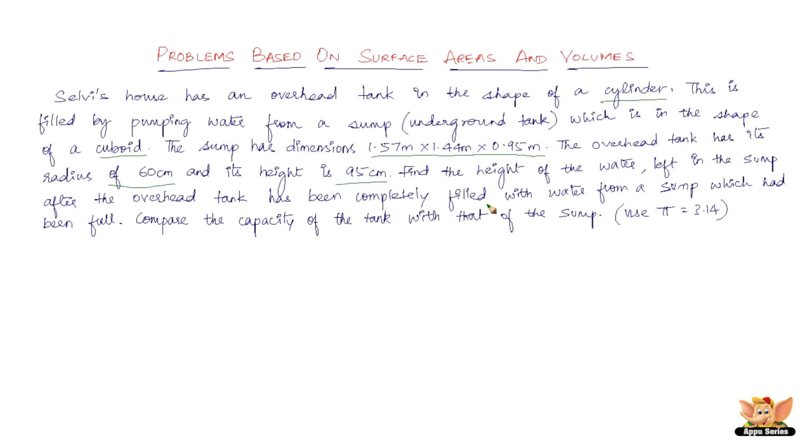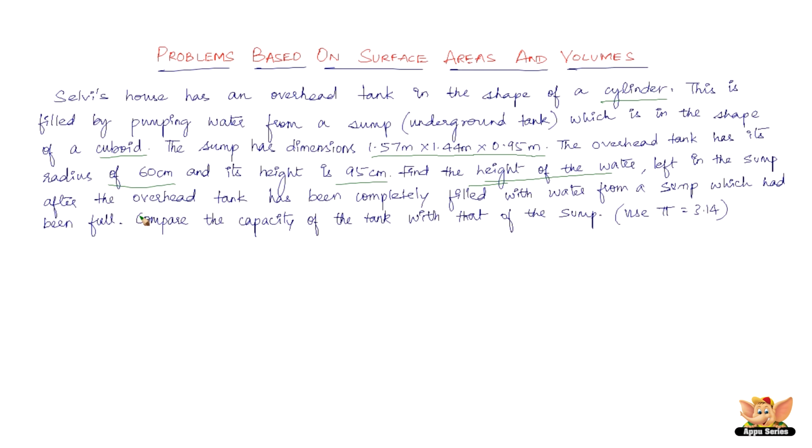So whatever is left, we just have to find the height of the water left. Just in the matter of subtraction, we'll get the volume of the water left. So using that volume, we can find the height, because it is in the form of a cuboid. That's all that there is to do. It is not at all complicated. Very simple sum. But if you haven't understood, don't worry, you'll understand as I solve the problem.